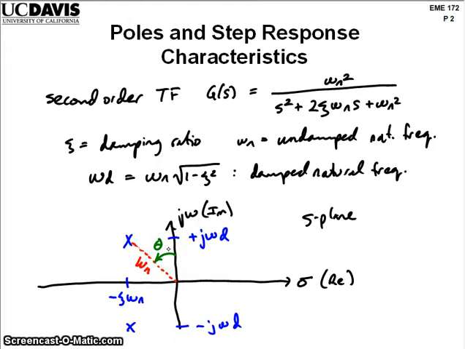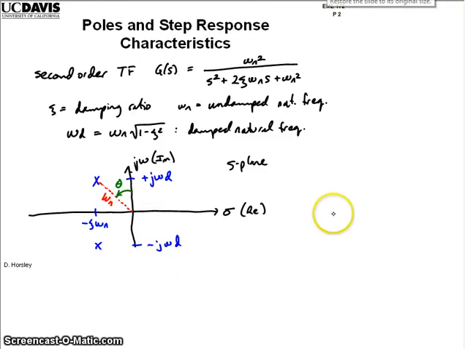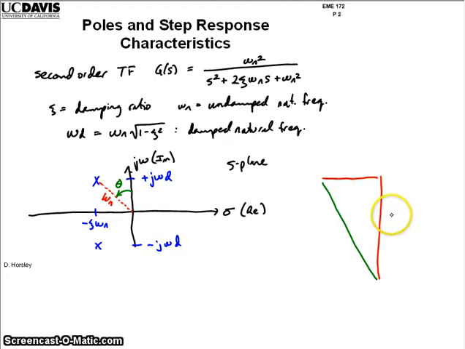It's easy to calculate this angle when you think about this triangle. Let me give myself a little more space. We have a triangle that looks like this. The length along here is zeta omega n, and this length is omega n.